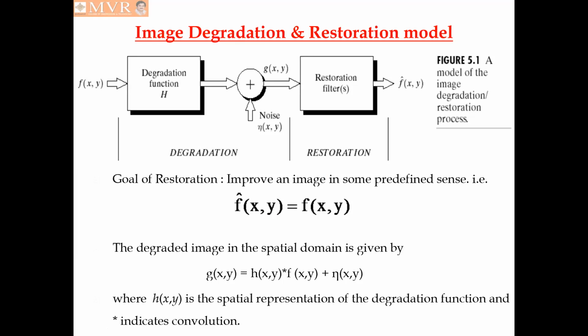That is, f cap of x comma y should be equal to f of x comma y, meaning the output of the restoration filter should be equal to the input f of x comma y, which is the original image before it got degraded. The degraded image in the spatial domain is g of x comma y, which is equal to h of x comma y convolved with f of x comma y plus eta of x comma y, where h of x comma y is the spatial representation of the degradation function, and star indicates convolution.